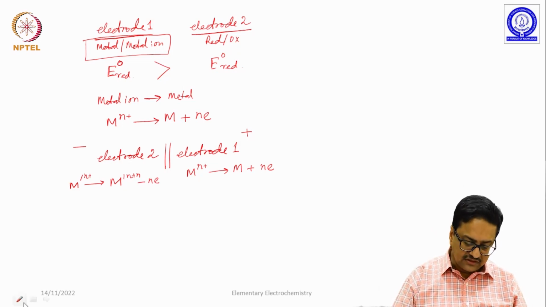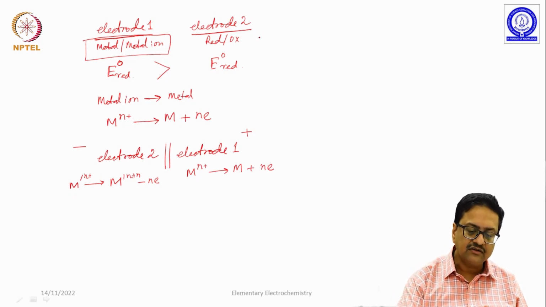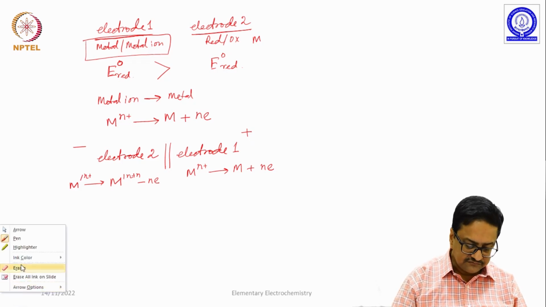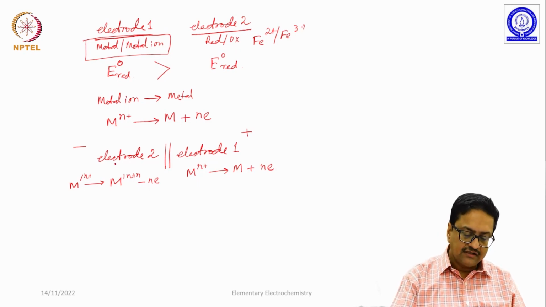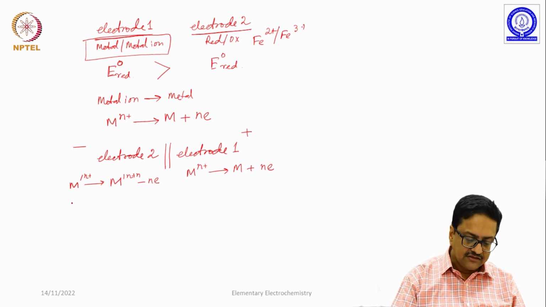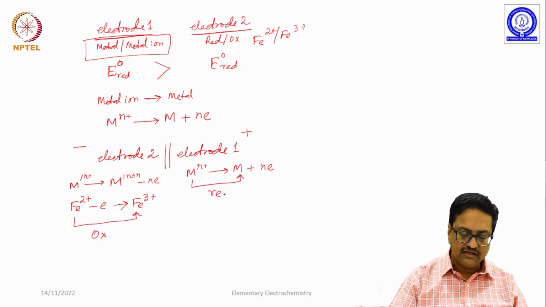So I think this may not be a very clear representation if we assume that this redox electrode is a ferrous-ferric system. Then at this electrode oxidation will take place. So Fe2+ will release electrons at the electrode and will get oxidized to Fe3+. So this is the oxidation and this is the reduction that will take place.